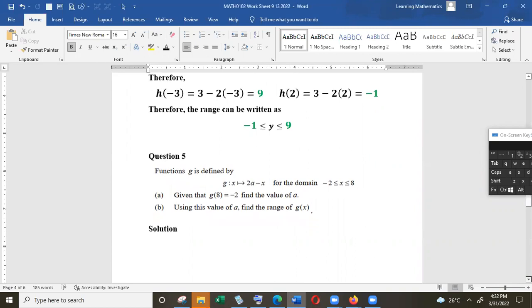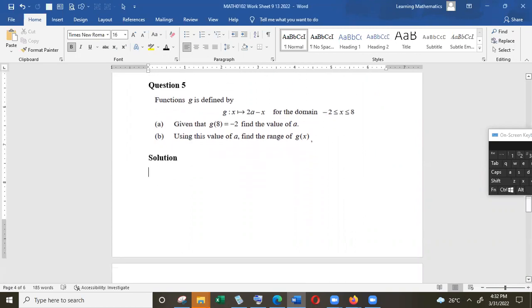Question number 5 says function g is defined by g of x is equal to 2a minus x, and the domain is -2 to 8. Given that g of 8 is -2, find the value of a.